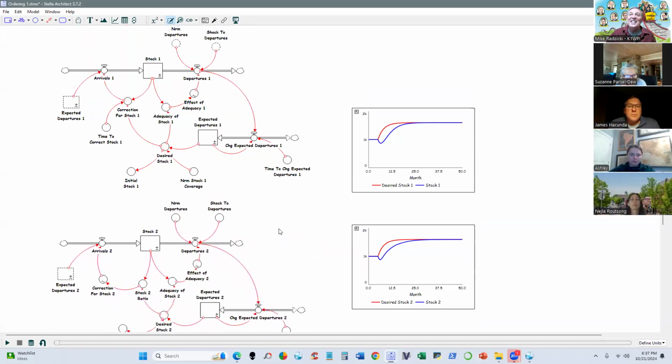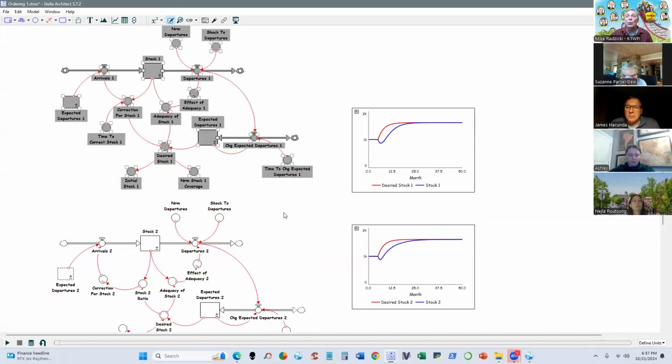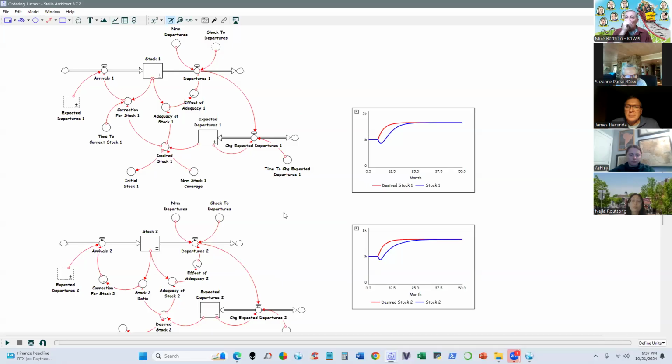Now, I start off with this one for a variety of reasons. One is everybody has seen or should have seen more or less this structure in the first course. This is the structure we used when we were talking about steady state error. Does everybody remember that? We talked about testing that adaptive expectation structure with test inputs.